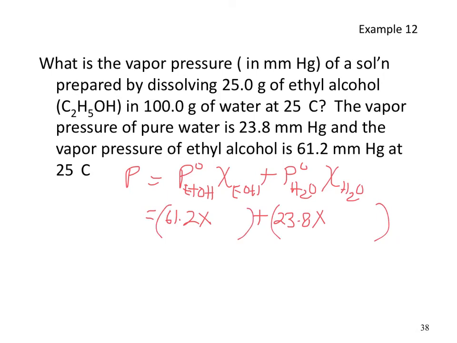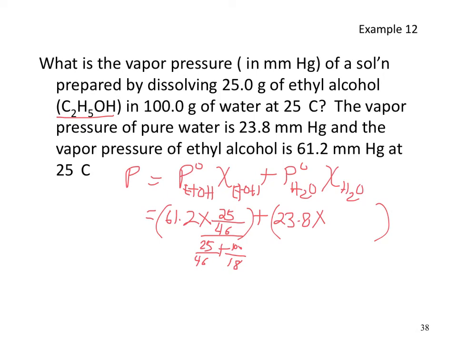The chi for ethanol is going to be, since we have 25 grams, we first calculate the number of moles. Again, 46 is the molar mass of ethanol because it's C2H5OH. You can plug in the numbers: 25 over 46, divided by 25 over 46 plus 100 divided by 18. 18 is the molar mass of water because it's H2O, 16 plus 2.